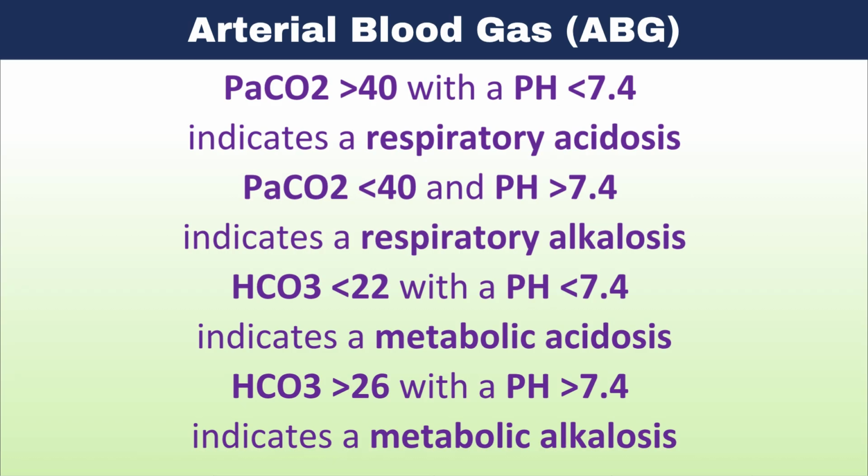Partial pressure of carbon dioxide less than 40 and a pH more than 7.4 indicates a respiratory alkalosis. Bicarbonate less than 22 with a pH of less than 7.4 indicates a metabolic acidosis. Bicarbonate more than 26 with a pH of more than 7.4 indicates a metabolic alkalosis.